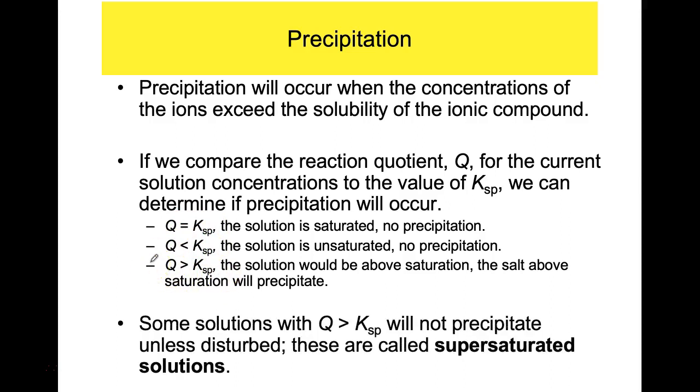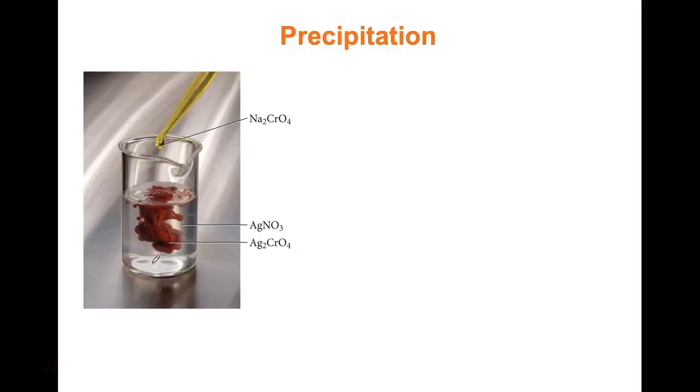Some solutions with Q greater than KSP will not precipitate unless disturbed, and these are called supersaturated solutions, and we'll take a look at a picture of those. All right, so let's take a look at this one first on the left. We have sodium chromate, Na2CrO4, in solution. It's this yellow solution. Chromium actually means colors.